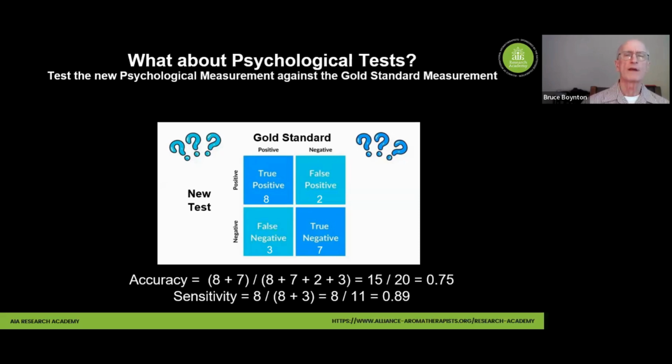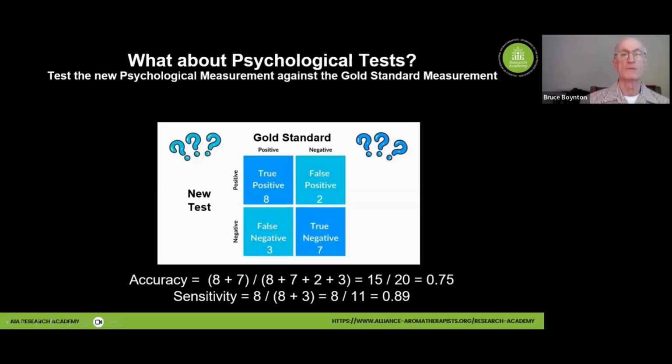One thing you can do is, let's say you are not happy with the existing test and think that you can design a better test. Then you can test that test against that gold standard measurement and see where they differ.